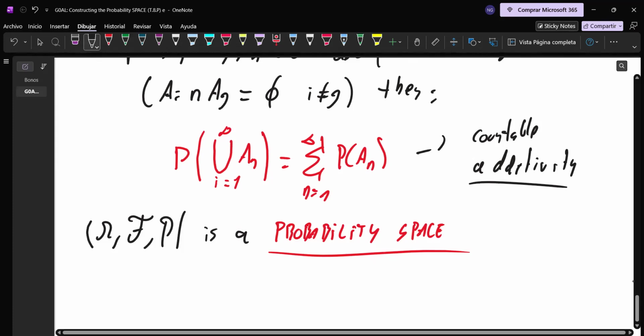Finite additivity alone is insufficient for modern theory. Sigma additivity is what allows limits, convergence theorems, and the entire machinery of analysis to apply.